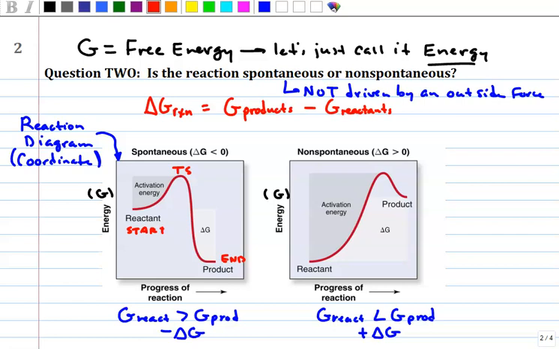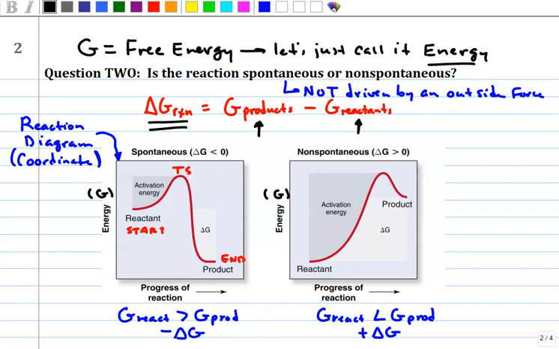So how can you look at a reaction diagram and know if a reaction is spontaneous or non-spontaneous? Well, we can calculate something called delta G Rxn. The change in free energy of a reaction, delta meaning change, is the energy of the products minus the energy of the reactants.